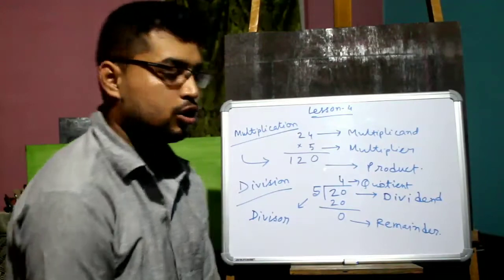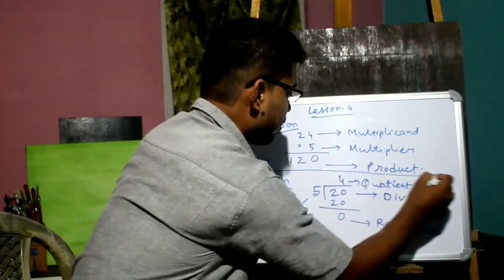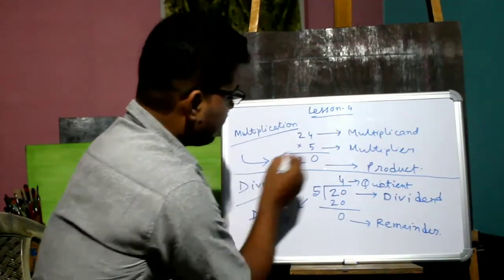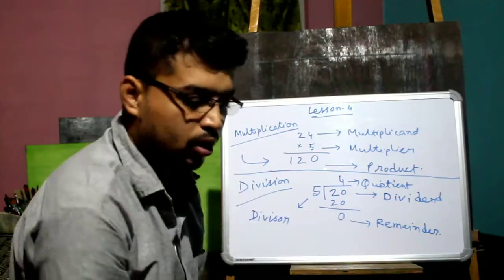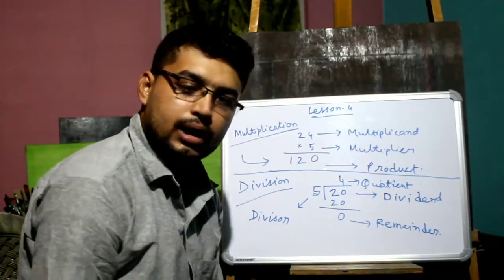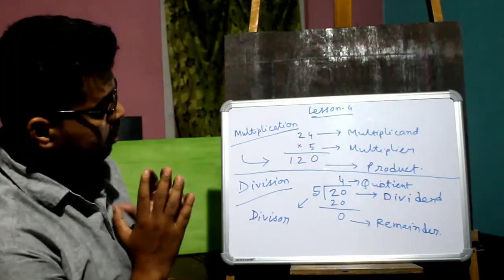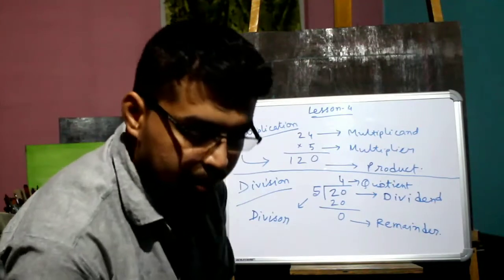So this is the small process of multiplication and division. The upper side is multiplication, the down side is division. This is the basic process of multiplication and division. Now, if we understand, then you can see the names of them. Next, we will start activity 1.